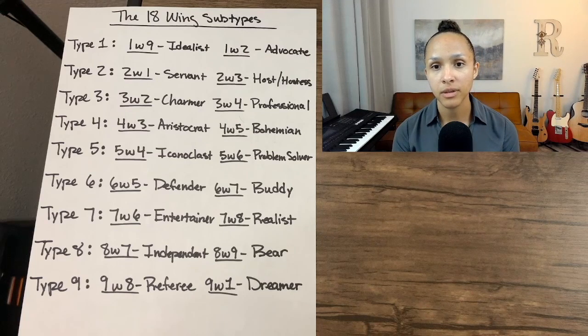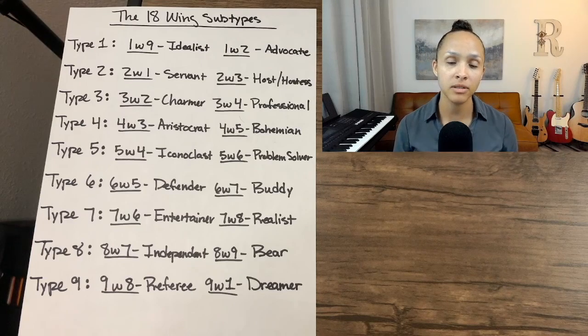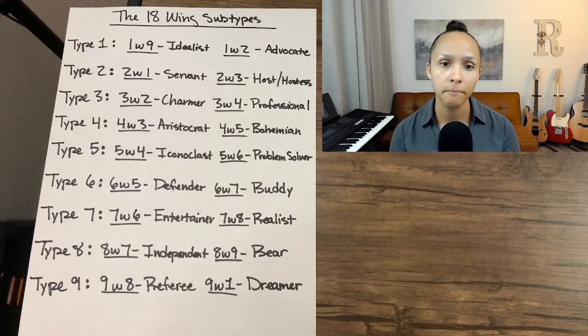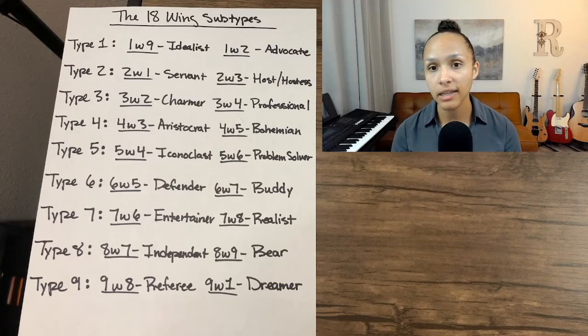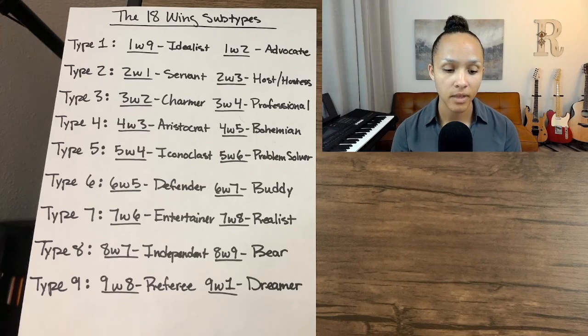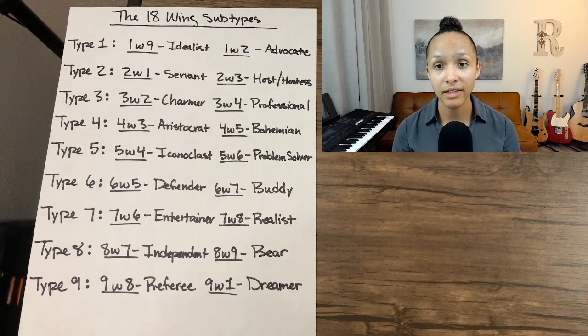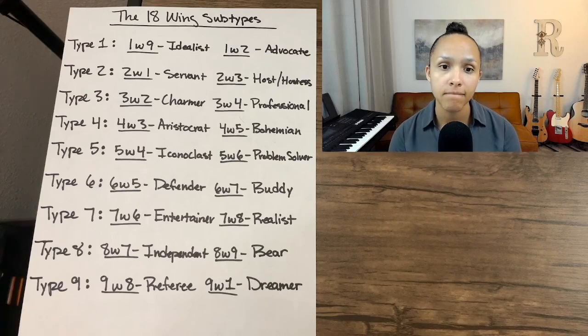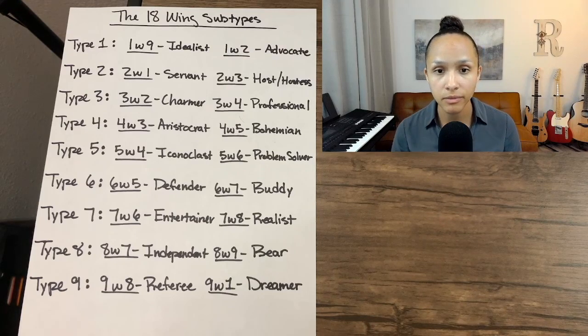Seven's always looking for something new to do, looking for something to fill them up, something that's gonna make them happy. So the 8 with the 7 wing goes after what they want. They tell it like it is, sort of independence. They're independent in expression, in life, in not depending on someone, being self-sufficient, sort of a mixture between the two.